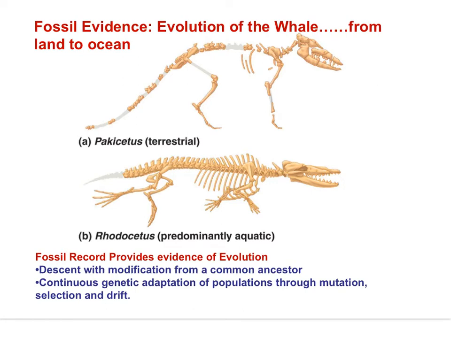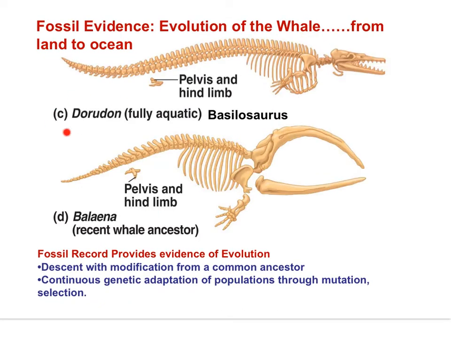In Rhodocetus, seen here, you can clearly see a change in the limbs that would better suit the species for living in water. In Dorudon, a species that lived approximately 35 to 40 million years ago, and modern whales, you can still find a pelvis and small limb bones that provide evidence of the ancestral forms that lived on land.